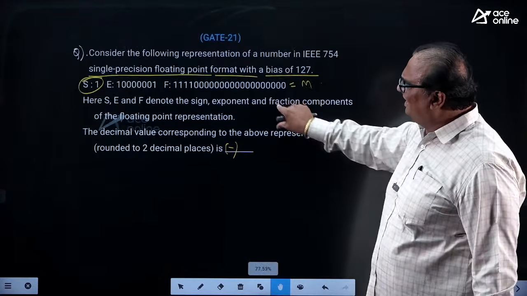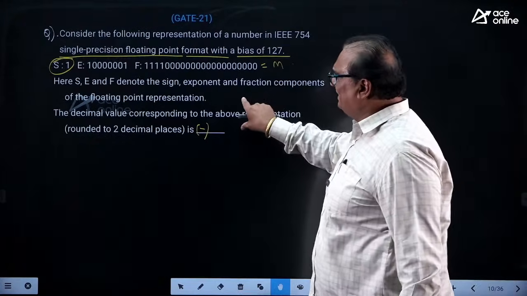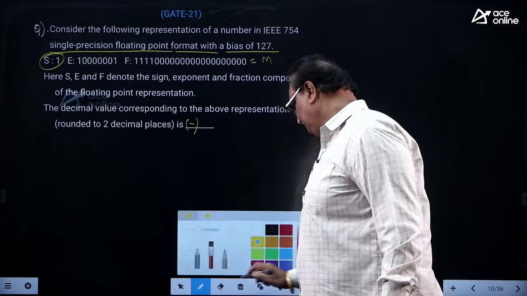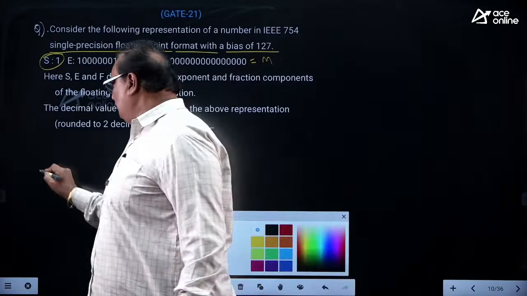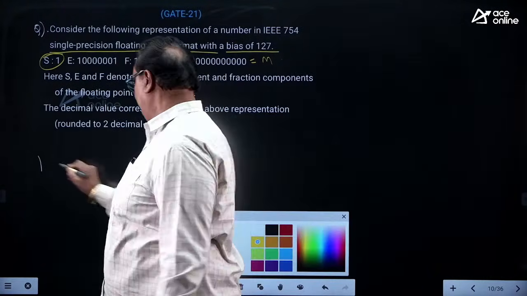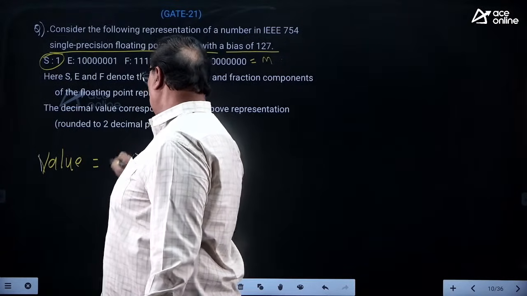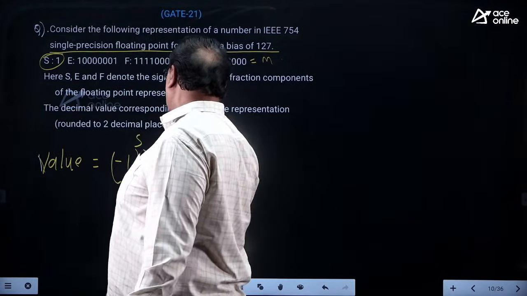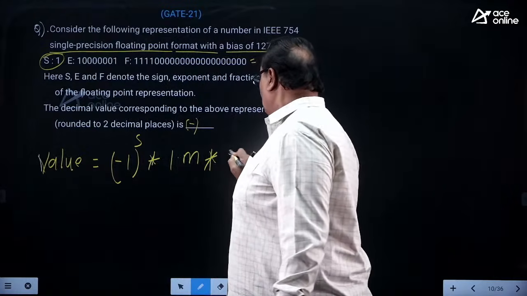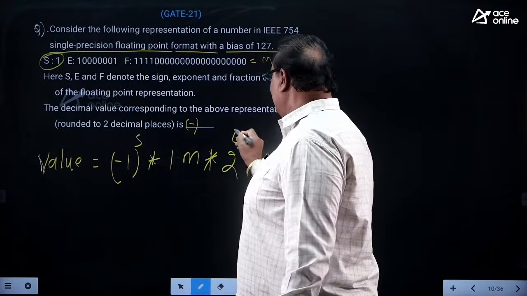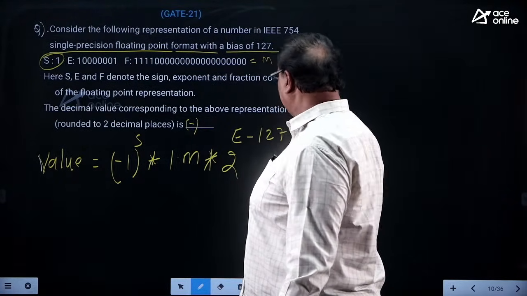I am going to provide the simplest explanation for this. Here, value is nothing but (-1)^S into 1.m into 2^(biased exponent value minus 127).